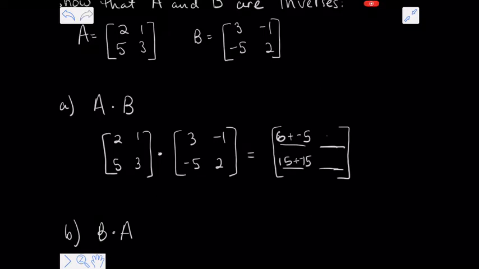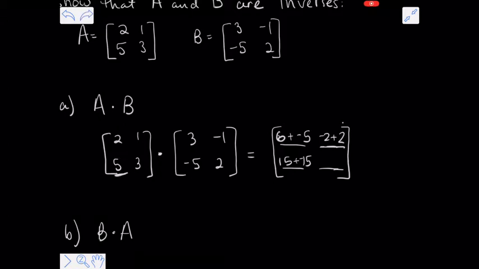Now if I want this entry right here, that's row 1, but column 2, so row 1, column 2, right there, that makes negative 2. And then move across the row down the column, 2 times 2 there, positive 2. Now that last entry there is row 2 and column 2 right here.